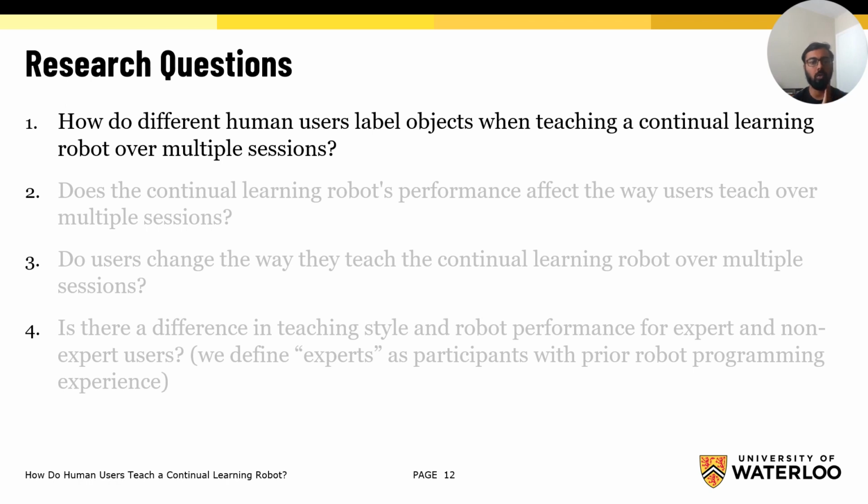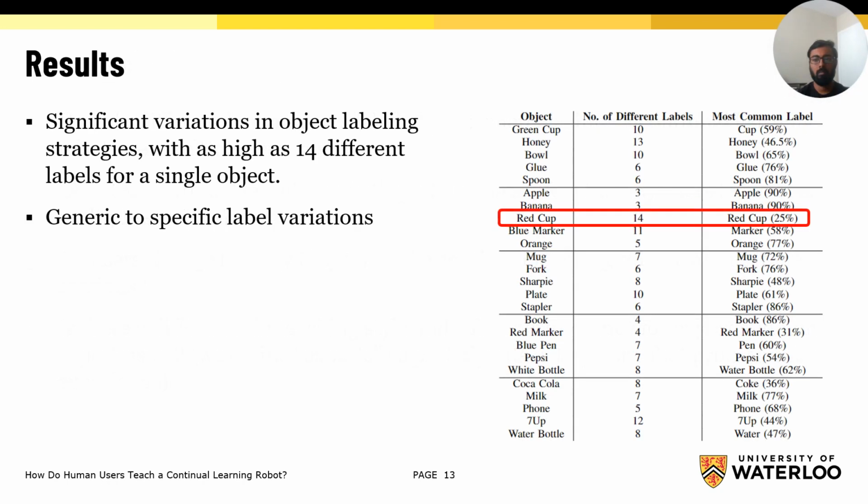Our first question was to understand how human users label objects when teaching a continual learning robot over multiple sessions. So we noticed that there were significant variations in object labeling strategies between the users. Particularly, we saw that there were as high as 14 different labels given to a single object between 40 participants. And these labeling strategies varied from very generic to very specific labels.